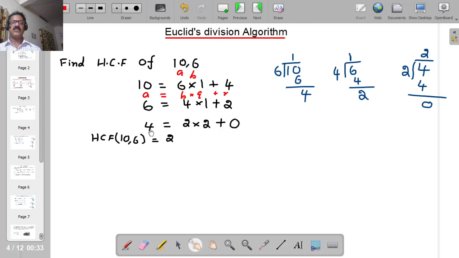Now 4 is equal to 2 times 2 plus 0. Now we have reached a stage in which the remainder is equal to 0. So the divisor at this stage will be the HCF of 10 and 6. Now the HCF of 10 and 6 is equal to 2.